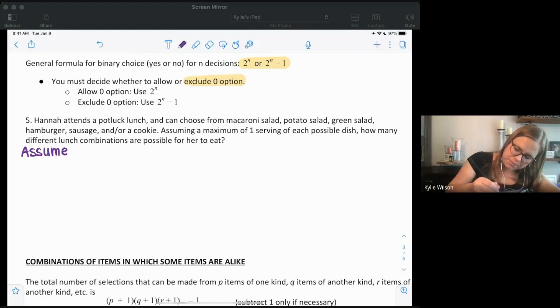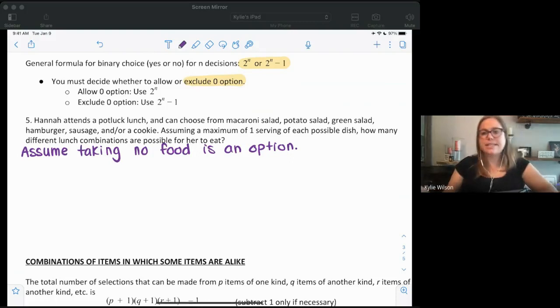Assume taking no food is an option. That's the important piece there. So we're going to include the situation in which she could say no to everything. So you can use the formula, but I'll show you how the formula works and why we use it.